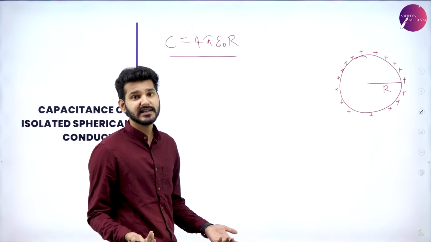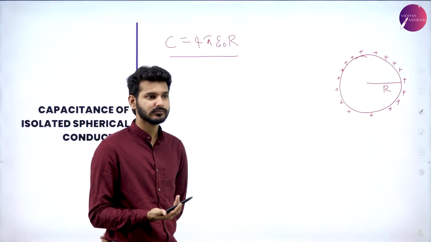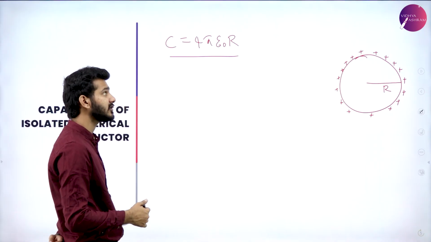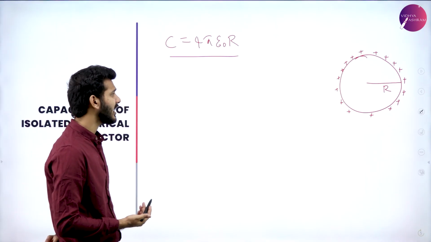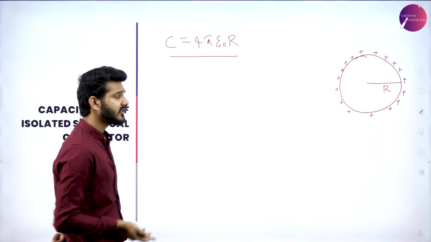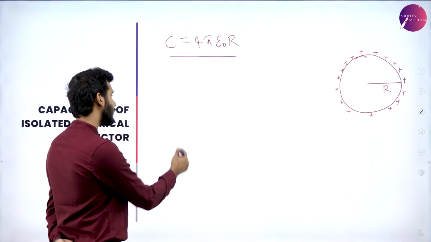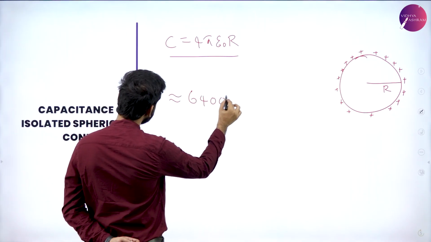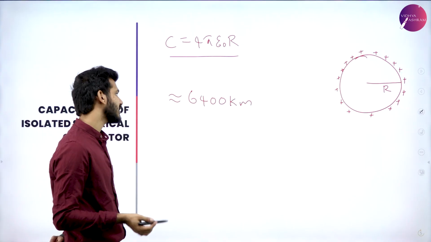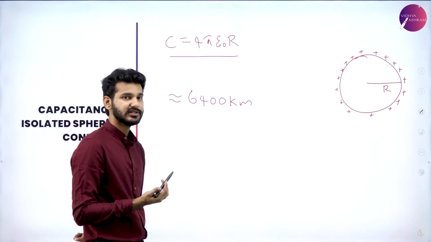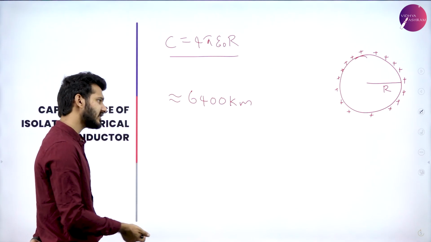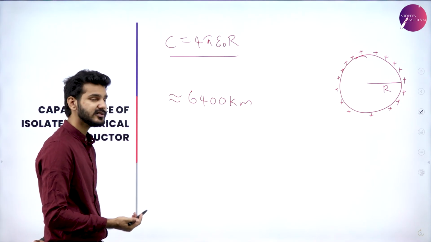Then you can clearly say that, well, according to physics, I know that the equation for capacitance is 4 pi epsilon naught R, and I know the radius of the Earth to be approximately 6400 kilometers. It is actually 6370 something kilometers in radius, but for approximation's sake, we can say that it is 6400 kilometers.